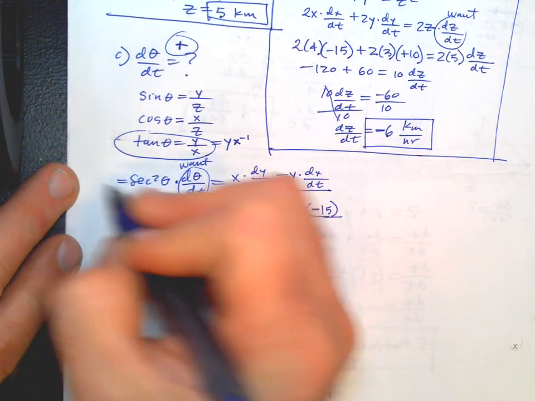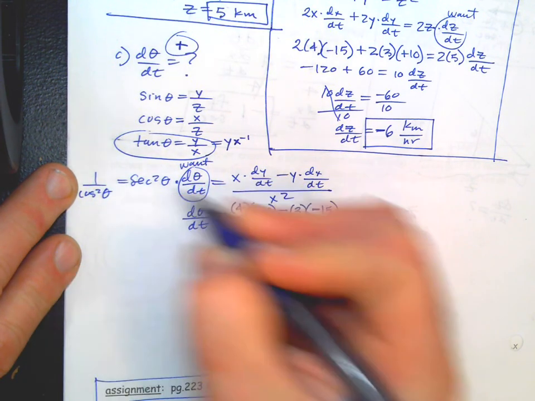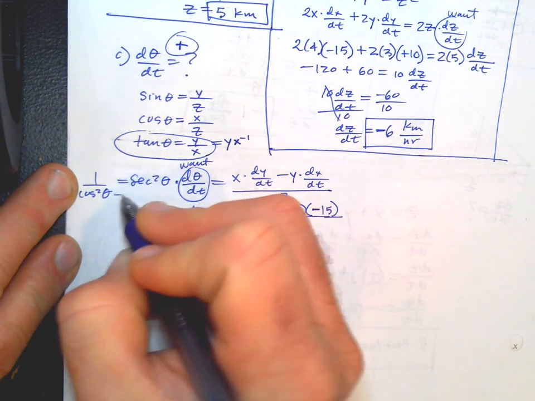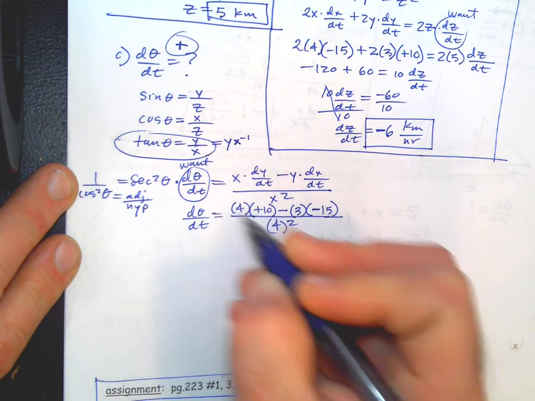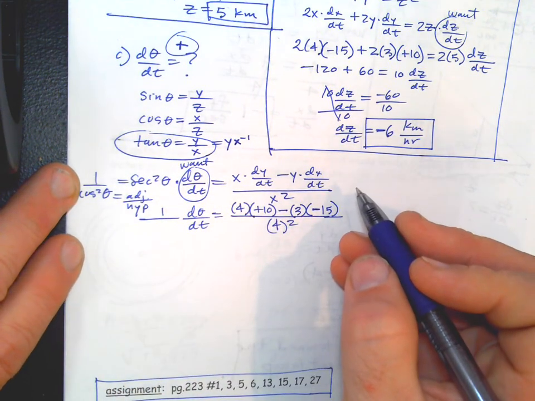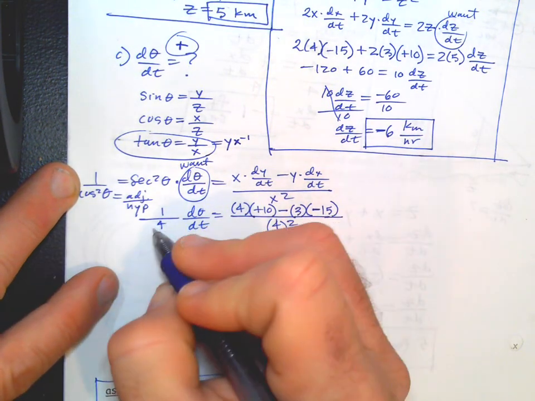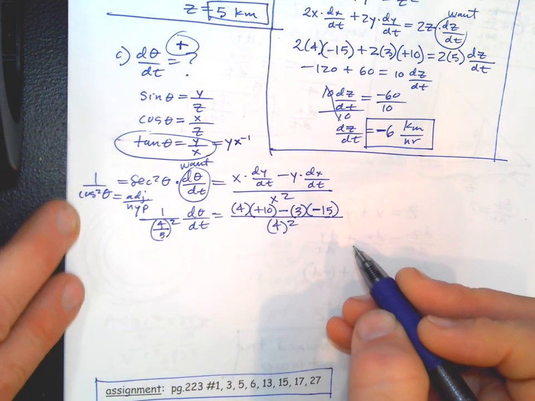Now, secant is 1 over cosine, squared. And cosine is adjacent over hypotenuse. So what is the adjacent side to theta? It's 4. What's the hypotenuse? 5. And then it's got to get squared.